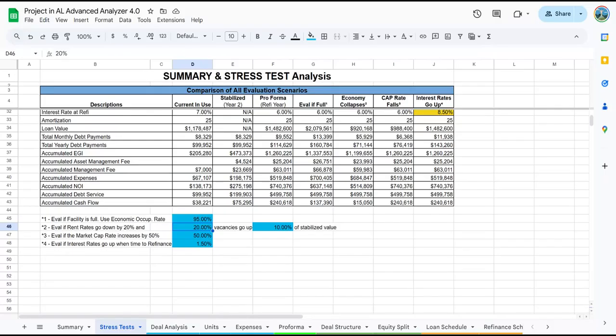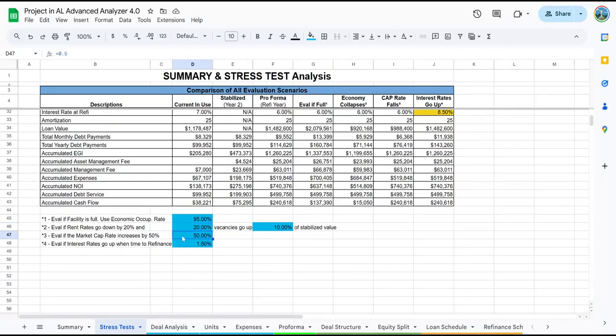And that is defined that if the rent rates go down by 20% and the vacancies go up by 10%. And those are based off the stabilized values. And you can change these here to make it even worse or better, depending on how you think the facility will perform during an economic collapse.